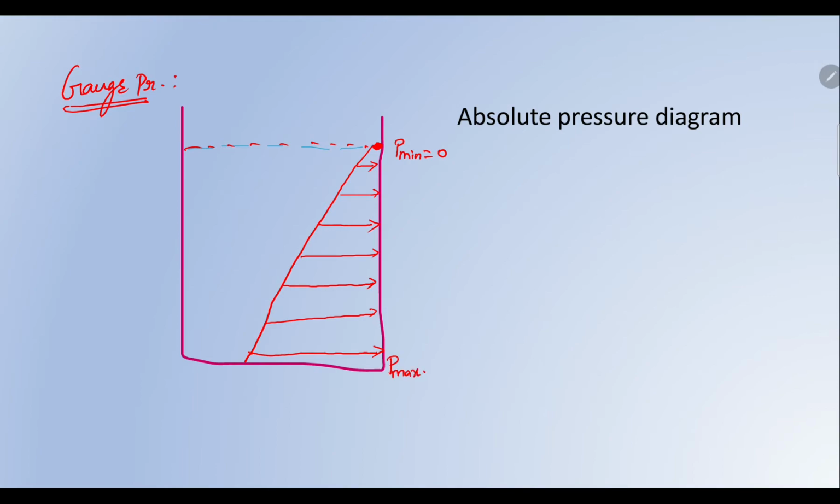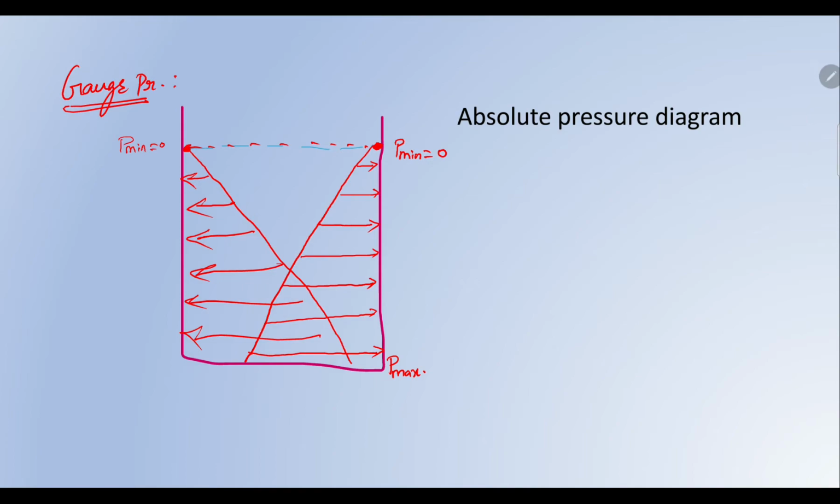And if I have to draw the pressure diagram for the other side again, this is going to be P minimum equals 0, and it is going to go like this. This is the gauge pressure diagram.